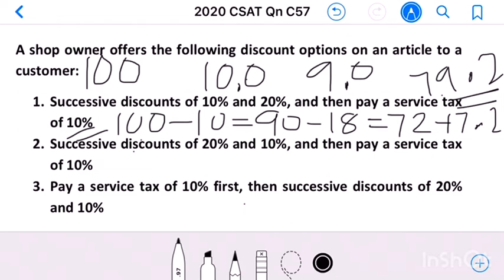Now let us see the second option. 20% discount from the 100. 10% of 100 equal to 10. 2 into 10 equal to 20. So we get 20% of 100 equal to 20. 100 minus 20, 80. Then 10% of 80 equal to 8. We get 72. Then pay a service tax of 10%. 10% of 72 equal to 7.2.